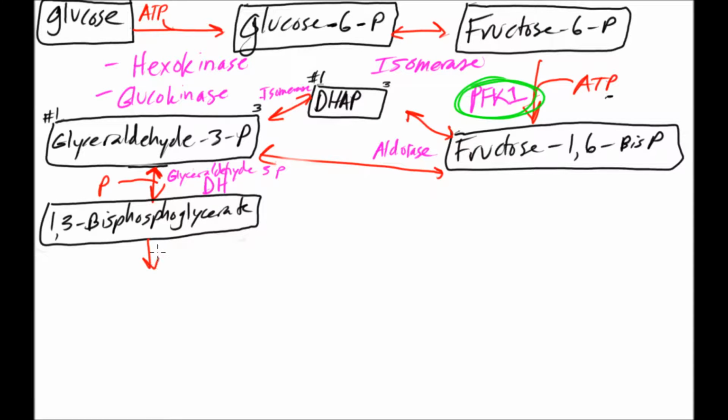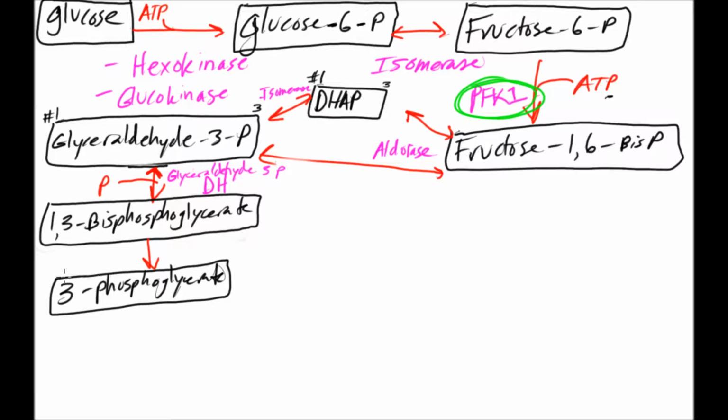Now this is where we can actually start making some energy. So we're going to take this 1,3-bisphosphoglycerate and turn it into a 3-phosphoglycerate. What's so important about this?